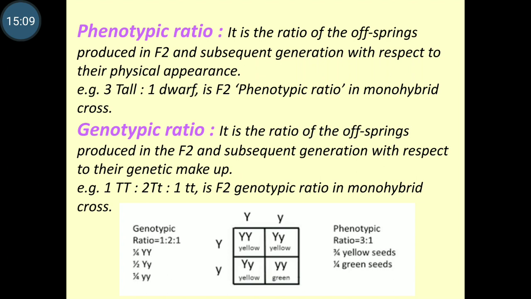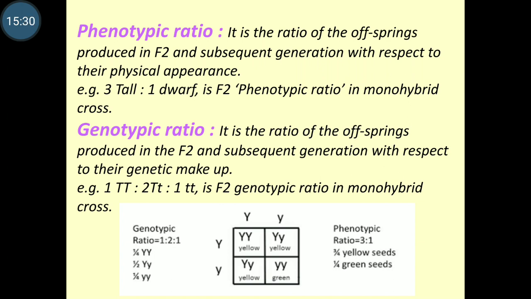Phenotypic ratio. It is a ratio of offsprings produced in F2 and subsequent generations with respect to their physical appearance. For example, 3 tall is to 1 dwarf is the F2 phenotypic ratio in monohybrid cross, that is 3 is to 1.